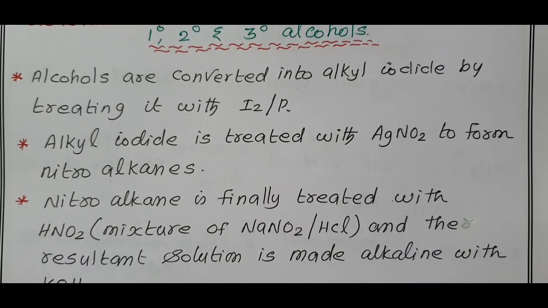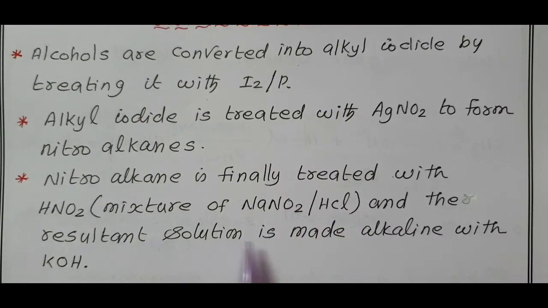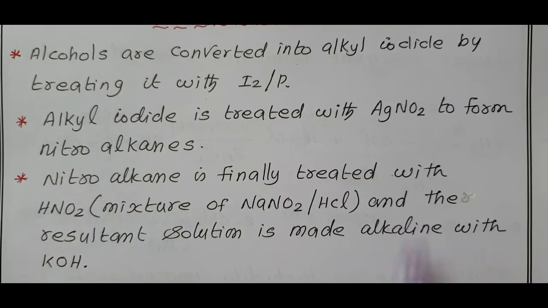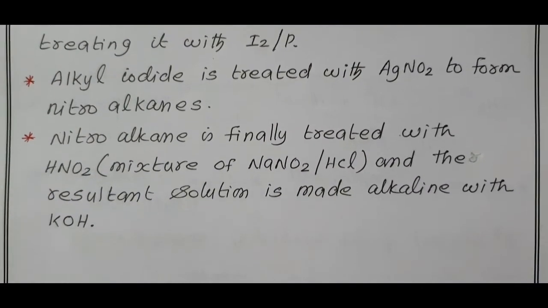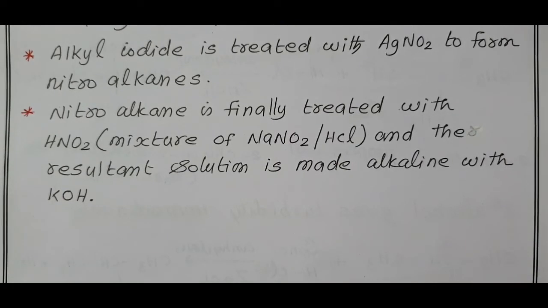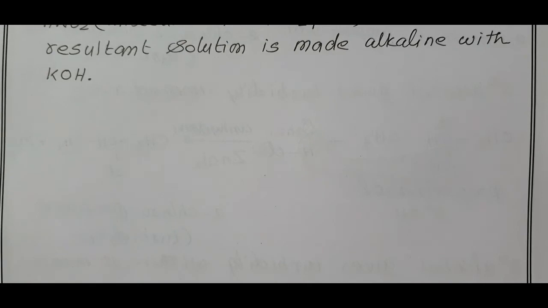Nitrous acid is a mixture of sodium nitrite and HCl. And the resultant solution is made alkaline with potassium hydroxide. Finally, from the color of the solution, the alcohols are identified in the Victor Meyer test.